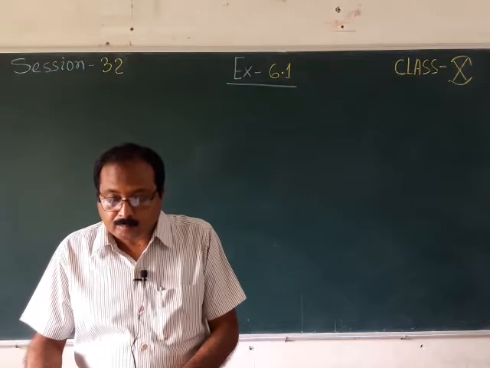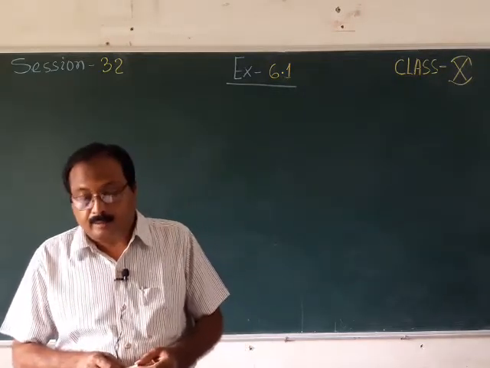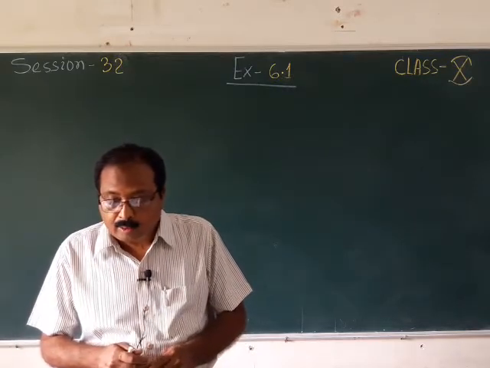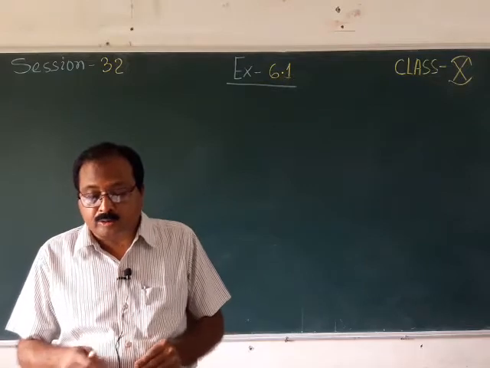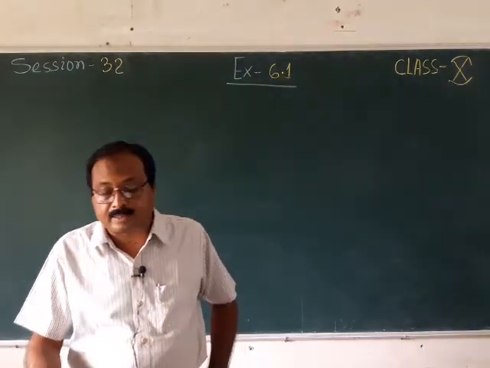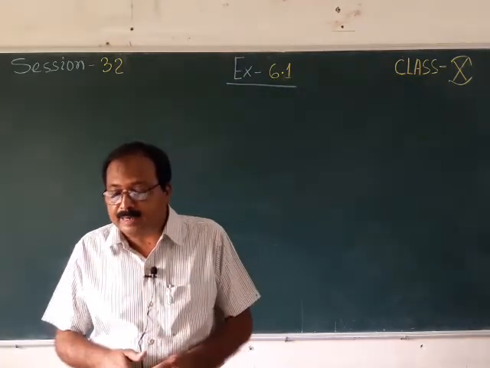Actually, you are familiar with triangles and many of their properties from your earlier classes. You have studied congruence of triangles in detail. Recall that two figures are said to be congruent if they have the same shape and the same size.